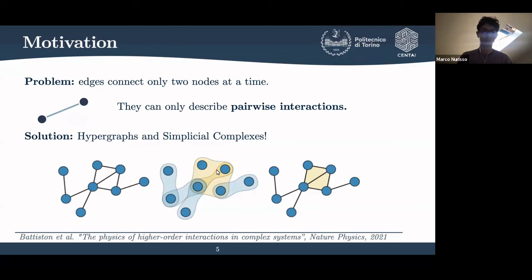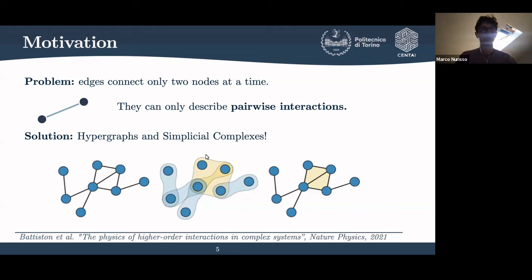But sometimes you can also be content with an extra assumption, the downward closure property, which assumes that every subset of a hyperedge, which is a generalized edge, is still a hyperedge. If you make this assumption, you get a simplicial complex.